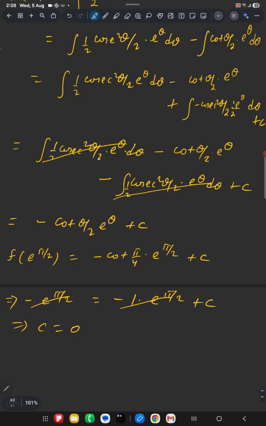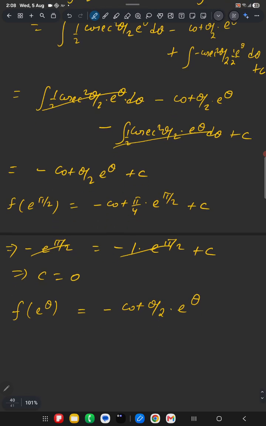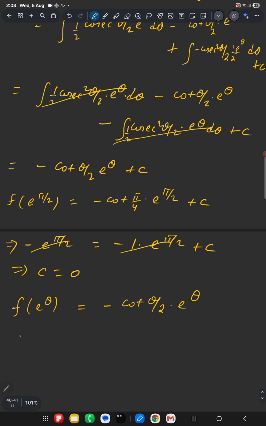So your function f of theta can be written as minus cot theta by 2 into e power theta. In the next part it is given that f of pi by 4 is alpha into e power pi by 4.